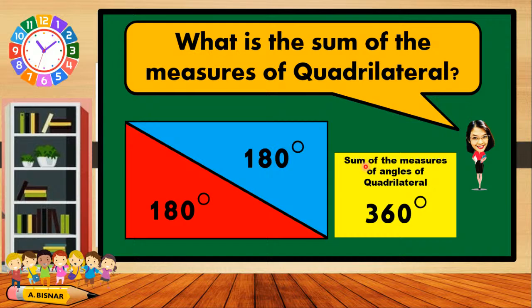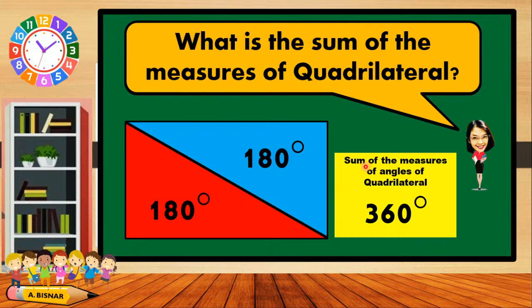So, since makakabuo pala tayo ng quadrilateral using 2 triangles, then the sum of the measurements of the interior angles of all quadrilateral is 360. Katulad kanina, doon sa triangle, diba? The sum of the measures of the interior angles is 180 degrees.